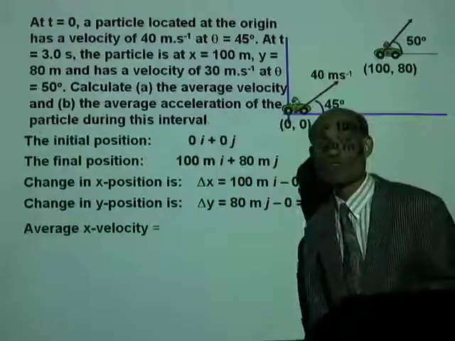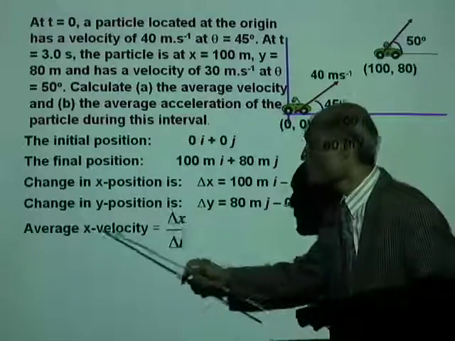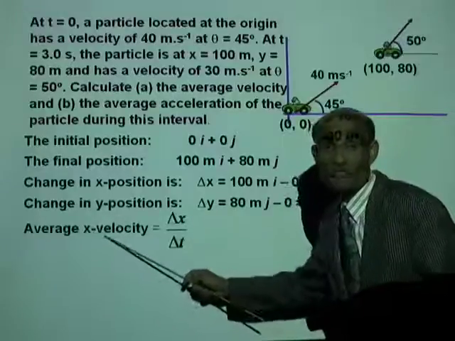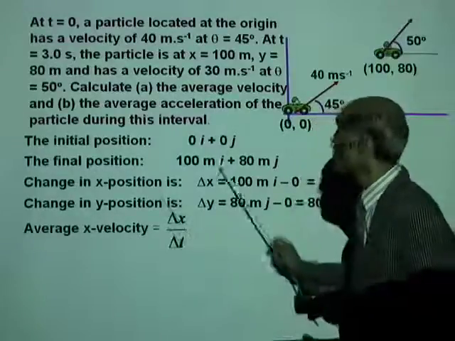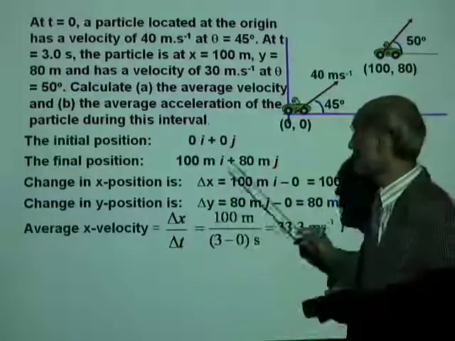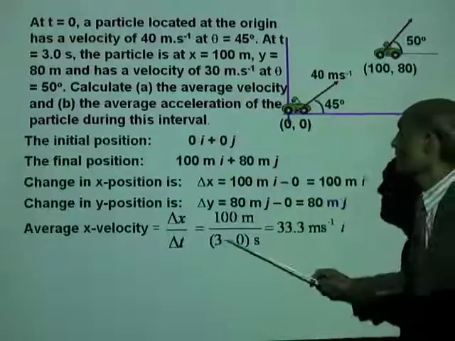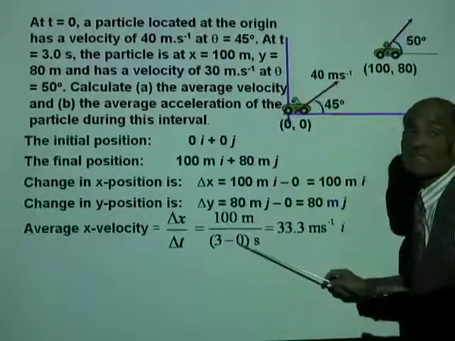What is the average velocity? The average velocity in the x direction will be delta x divided by delta t, and delta x is 100 meter i divided by delta t, which is 3 seconds.